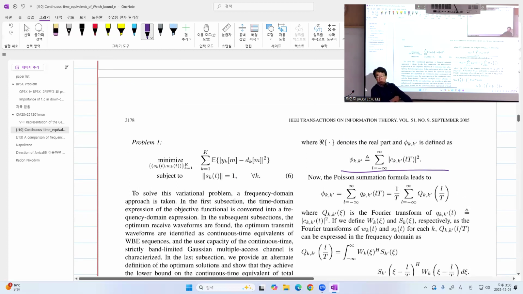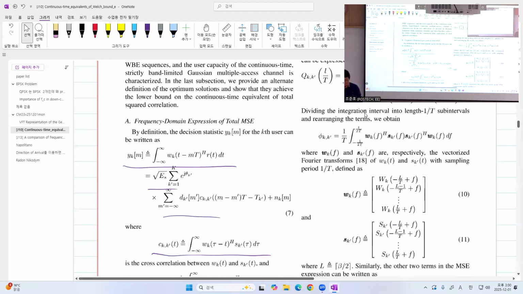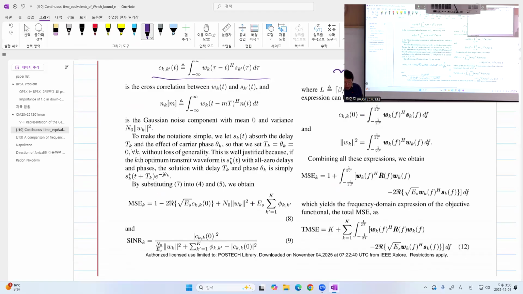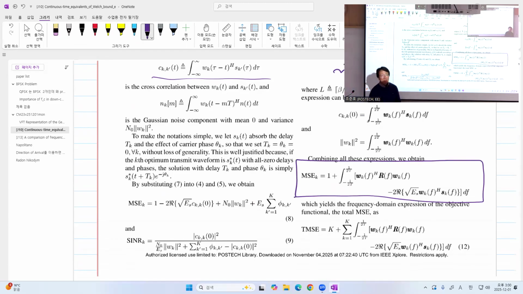Because we know how to handle that. And suddenly we have, as I told you, the vectorized Fourier transform of the k-th received waveform, and the vectorized Fourier transform of k prime's transmit waveform. And that horrible-looking mean squared error can now be written very compactly in the frequency domain in terms of the vectorized Fourier transforms.